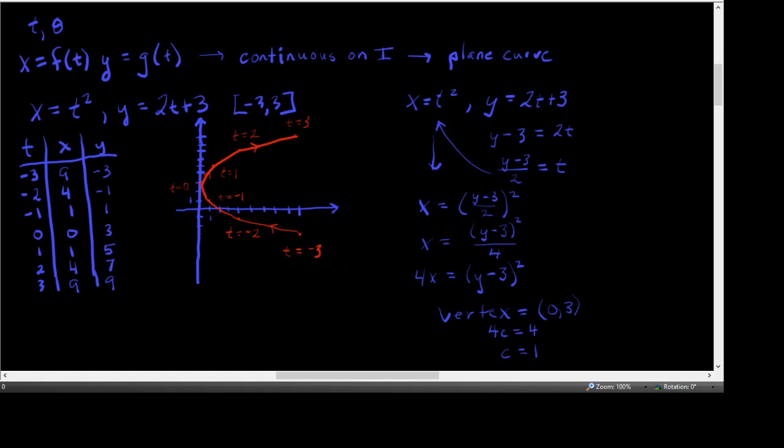Now, this equation is accurate, but it actually gives us the whole parabola, and we want to only graph this part of it.